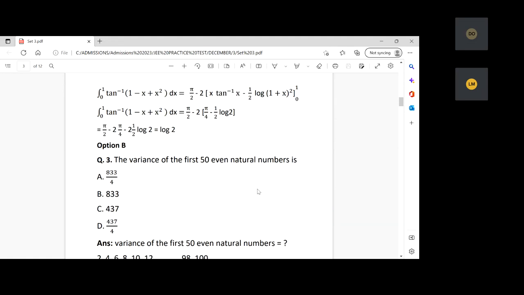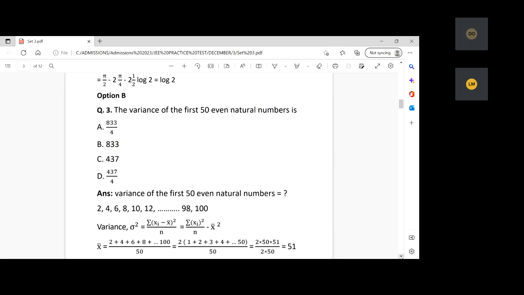I hope it does. So think about what's the formula of variance that you have studied. You need to think about something related to series and all, but before that, what's the formula of variance that you have studied? Xi minus x bar the whole square by n, right?